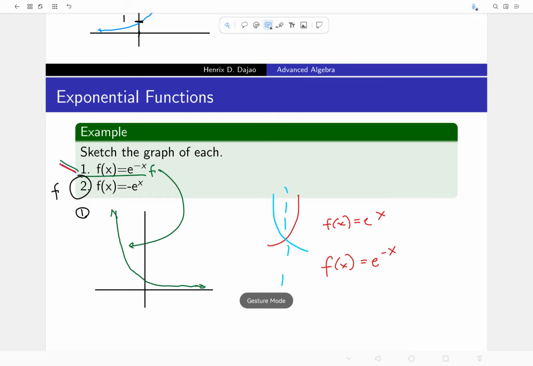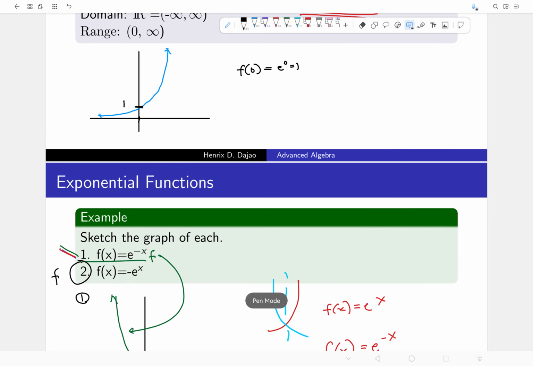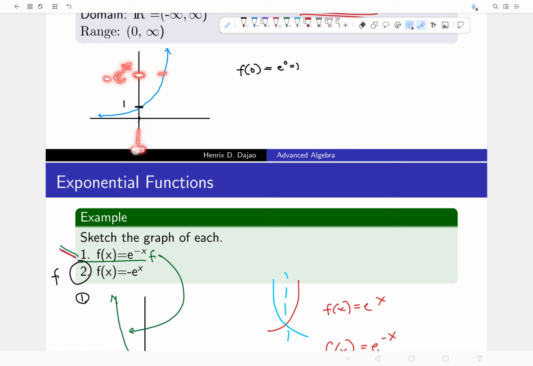So for that, if this is the graph of our f of x equals e raised to x, what happens now if we put negative? So meaning the value which is e raised to x, if we put negative, that means the value now is in here, on the opposite side of our y-axis.